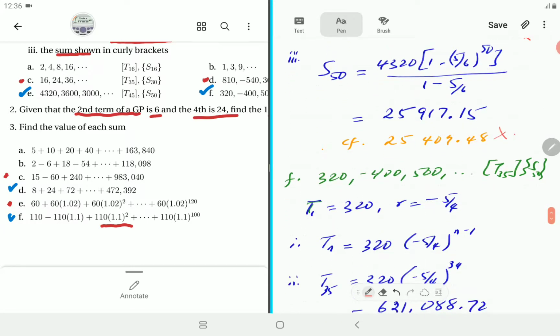All right, and then for F, the first term is 320.